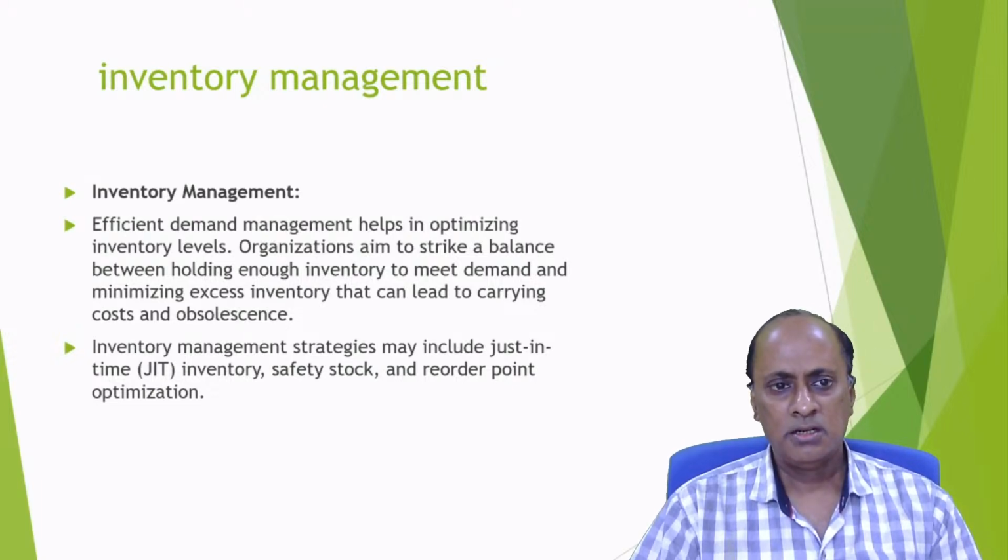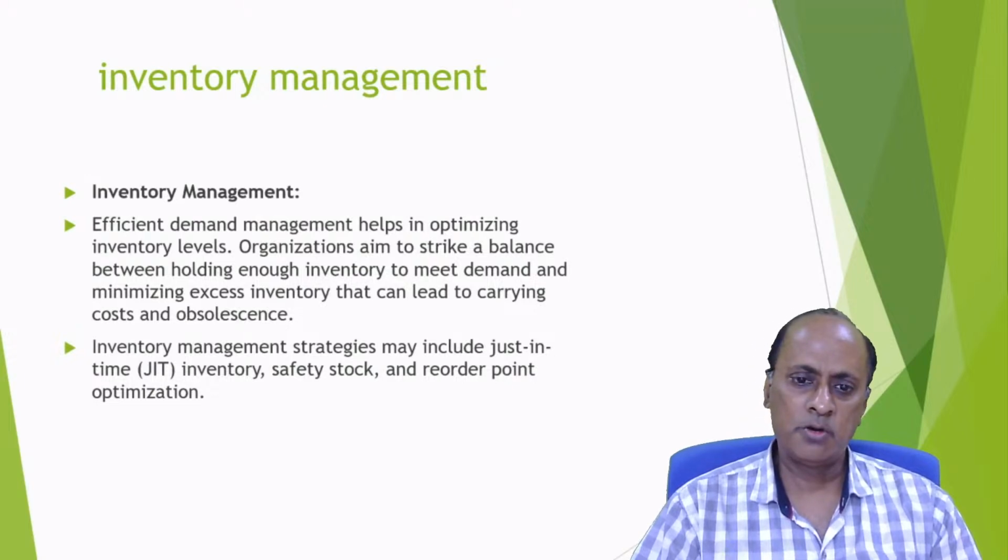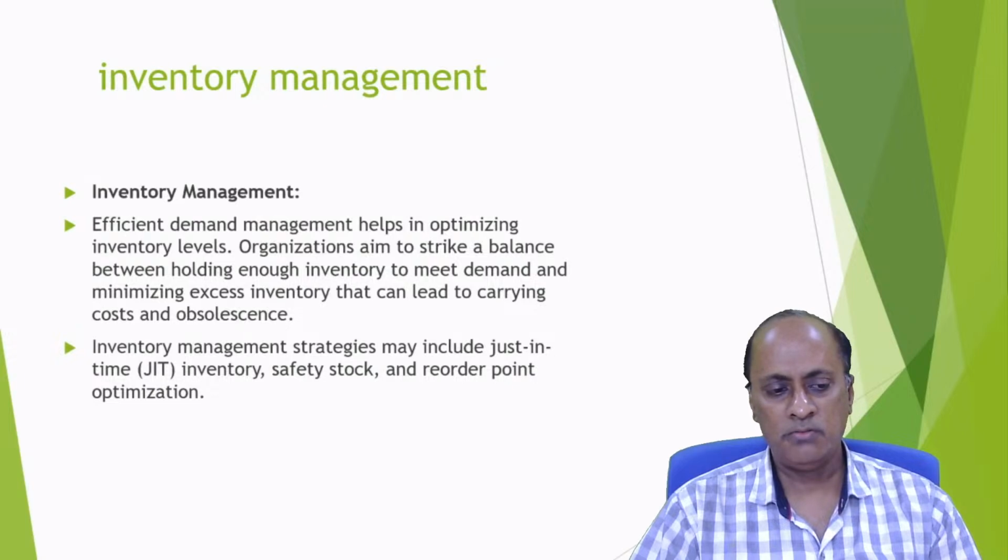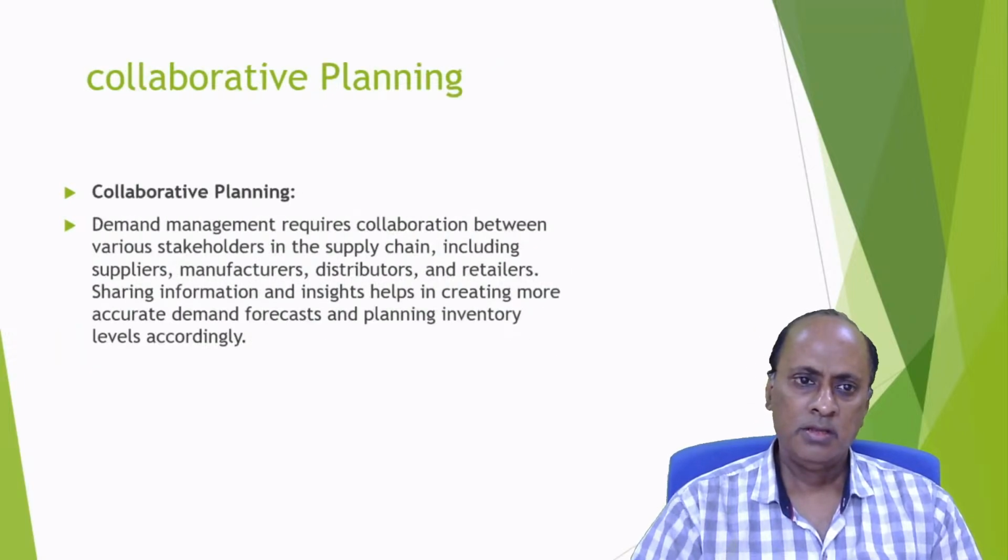For this, companies maintain safety stock. We should have a reorder point to overcome the problem of stock out. Whenever the inventory reaches that point, we place an order and replenish the materials.